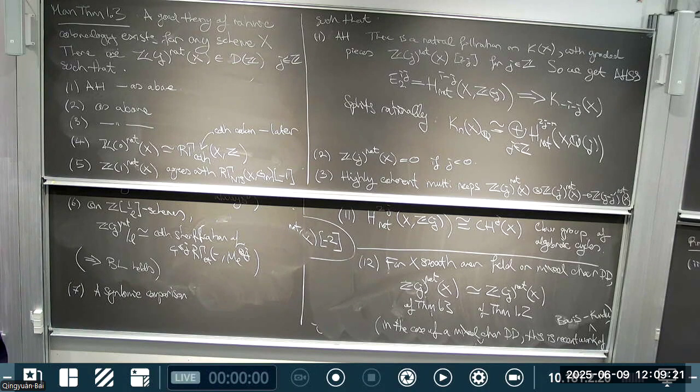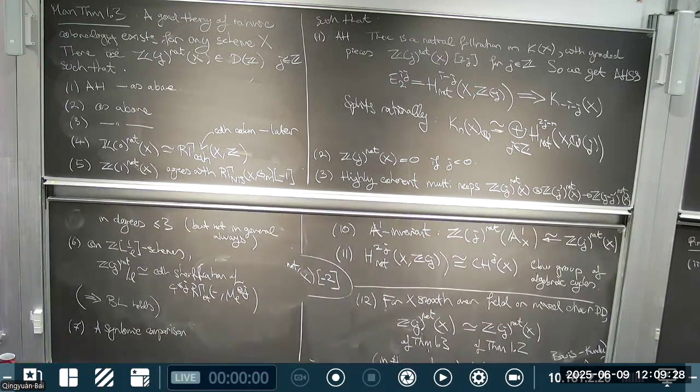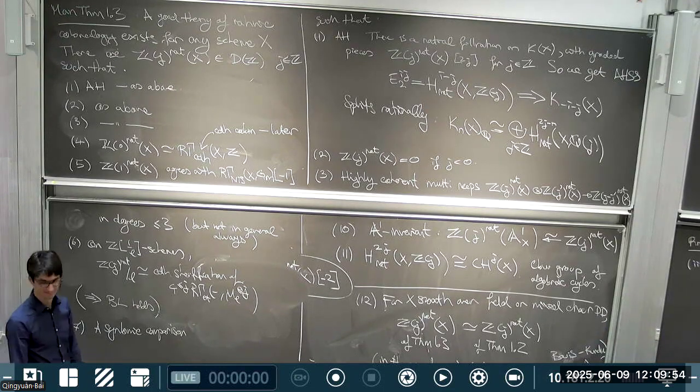In your statement of the theorem, it's the odd one out with the Nisnevich sheafification instead of CDH sheafification, but then you also say it only holds in degrees up to 3. Can you comment a little more about that? You say that the motivic cohomology agrees with the cohomology of G_m, shifted down by 1, in degrees up to 3. If I take CDH sheafification, is it the same on both sides?